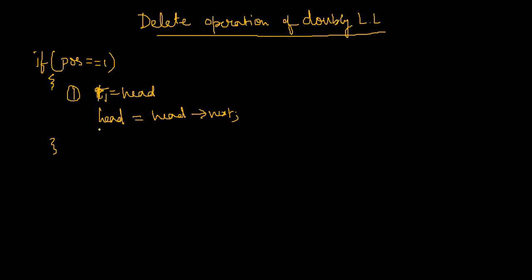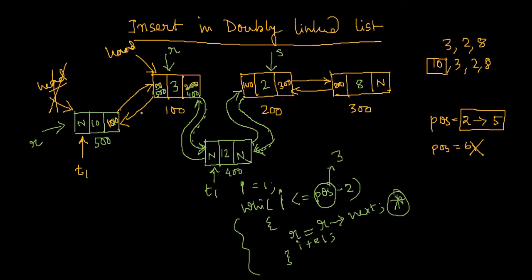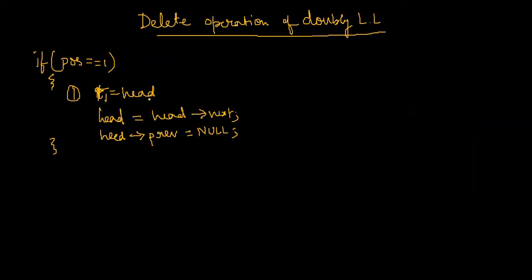And then what you can do? You can simply say head prev equal to null. So you are writing head prev equal to null, what does it mean? It means that you are terminating this connection. Right. And then if you write free t1, what does it mean?